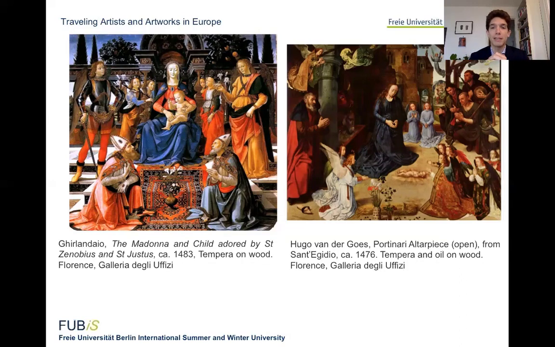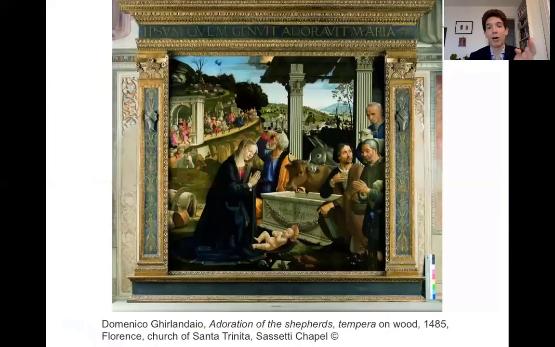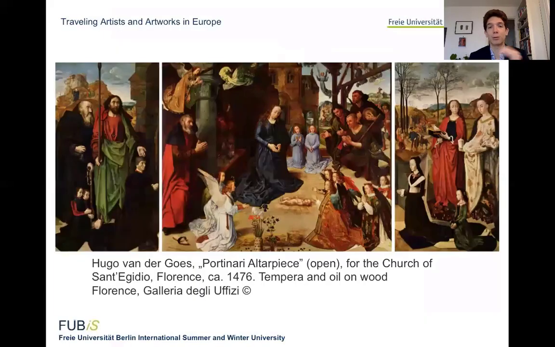The Florentine Renaissance was characterized by a dialogue with other artistic and cultural traditions. And here we have seen a little glimpse of this dialogue through the case of the triptych by van der Goes, but other examples could have been brought here in order to explore this aspect.